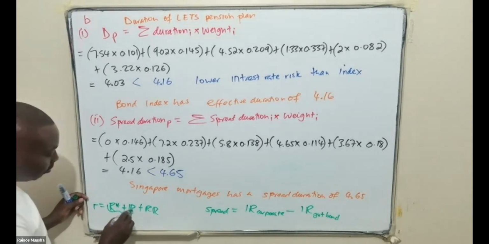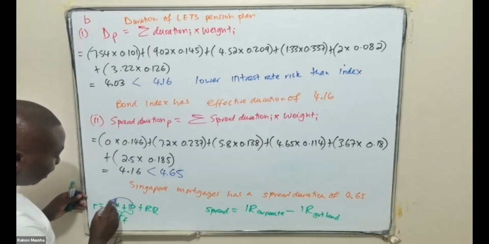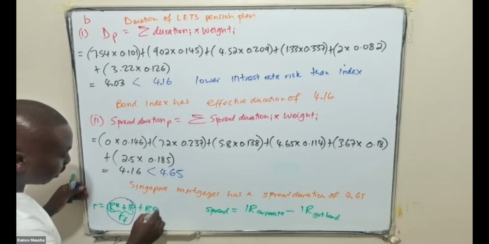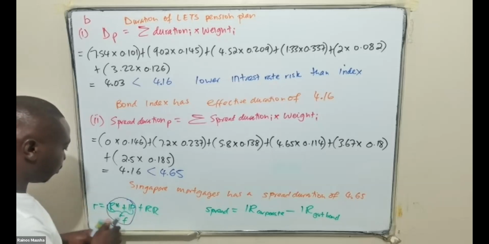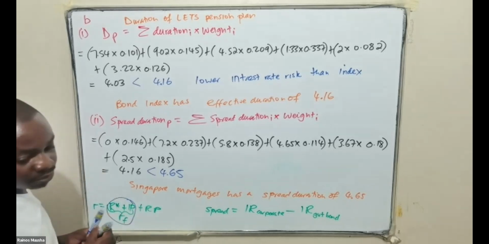So what do we see? Government securities are generally considered to be risk-free, but corporate bonds need to take into account a risk premium.